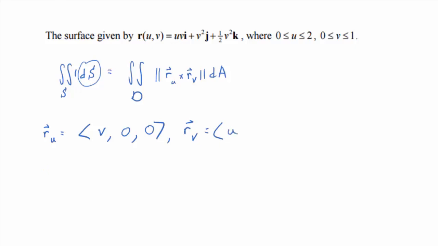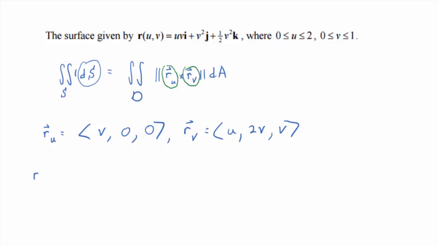That's u, 2v, and v. And then what do we have to find? It's like how you compute operations in algebra: you look at the innermost things first. Inside the grouping symbols, which are the magnitude bars, you have to find the cross product, but before that, you have to find the derivatives, the partials.